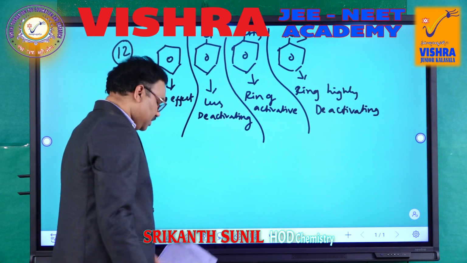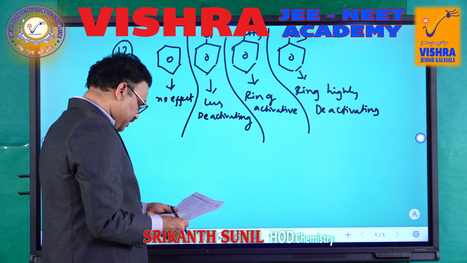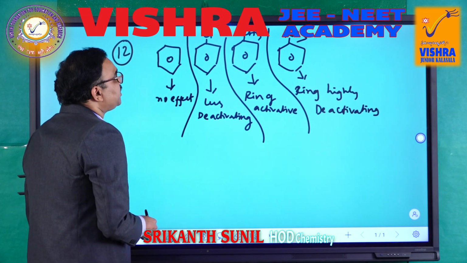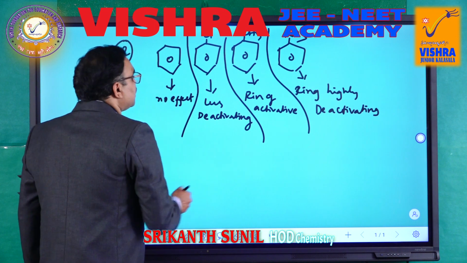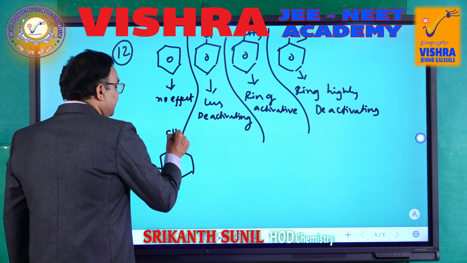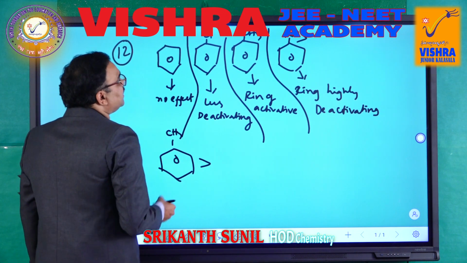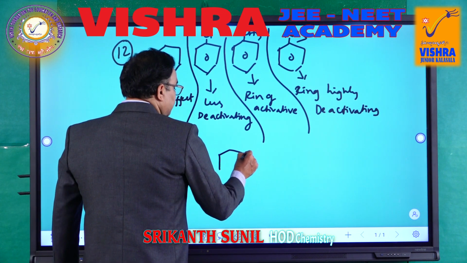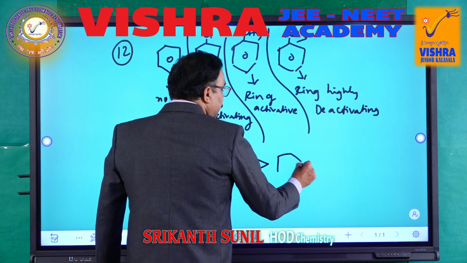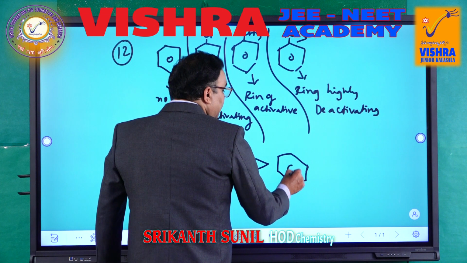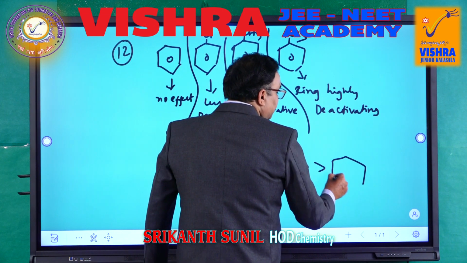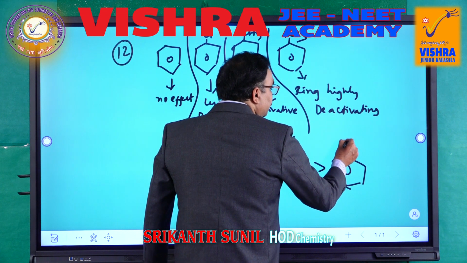Now, tell me what is the option here? Reactivity order of the following compounds. We have to see the reactivity order of the following compounds. So we can say toluene is highly reactive, then comes benzene, which is not having any effect at all, then we have chlorobenzene, which is slightly less reactive, but nitrobenzene is a very highly deactivating group.